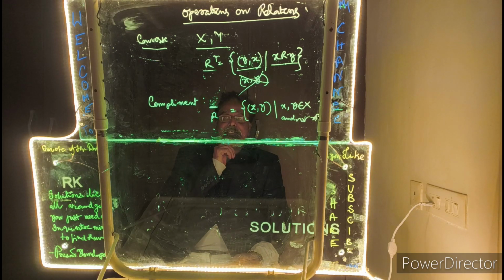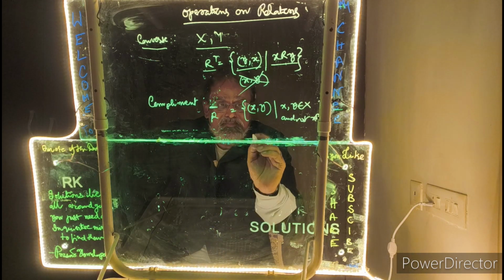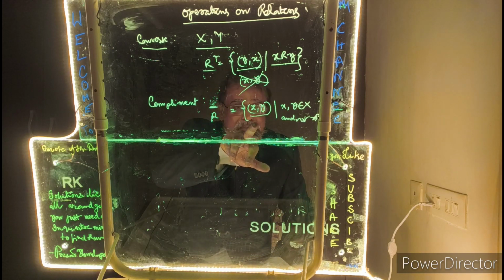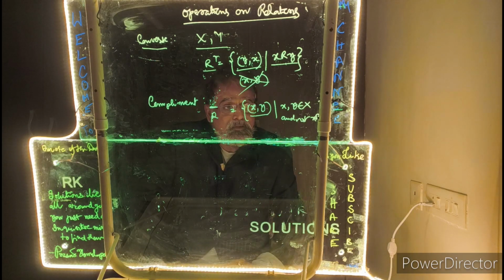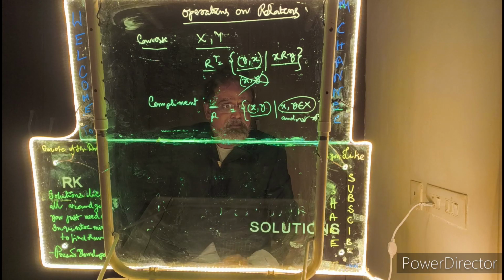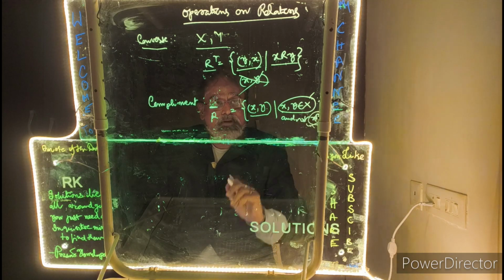Are you getting the crux of this? This is the pair (x, y), in regular order, and (x, y) belongs to the set X and x is not related to y.